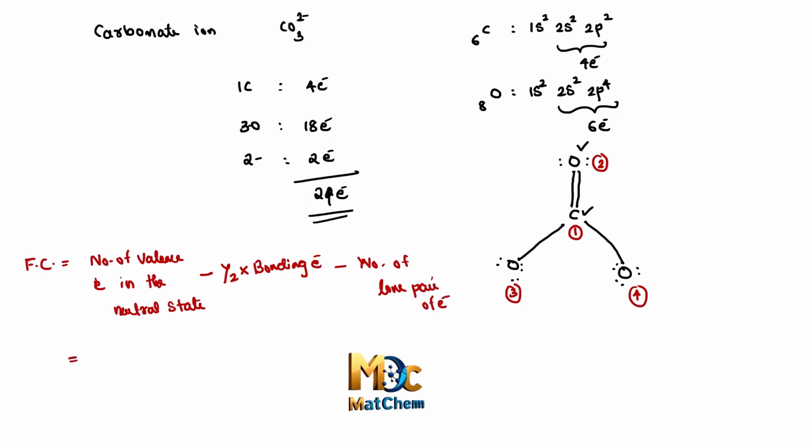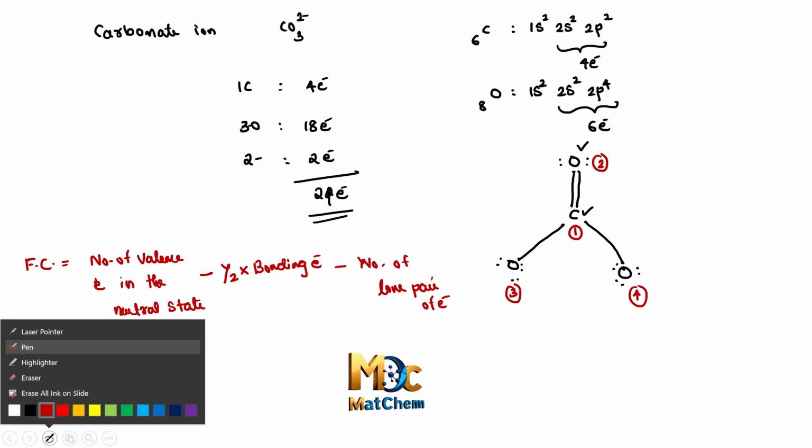That means you can write it as V minus L minus B by 2. This is the way in which you can calculate the formal charge.